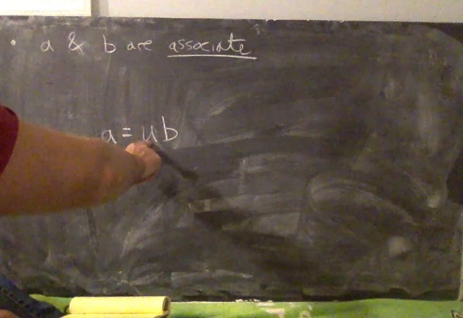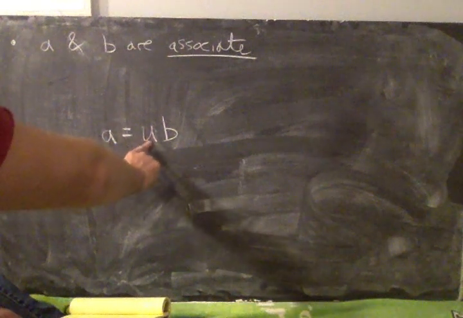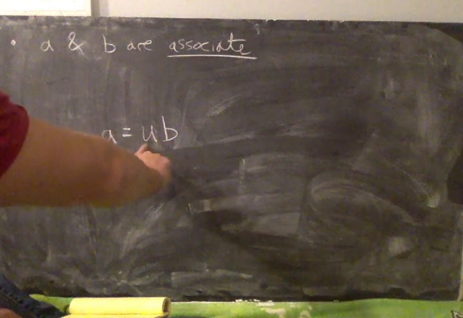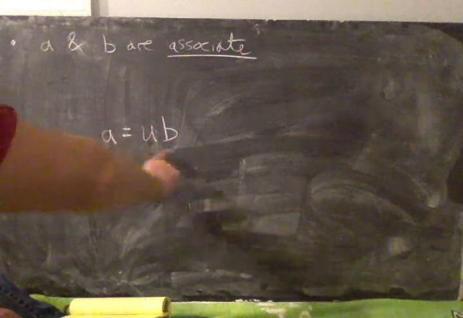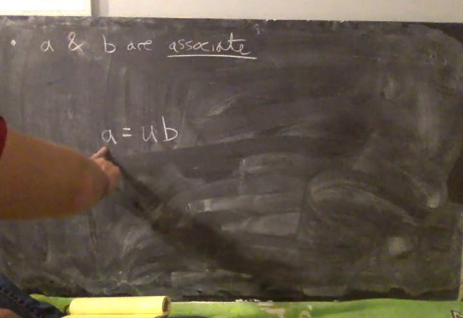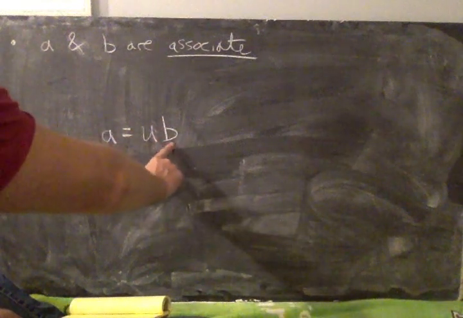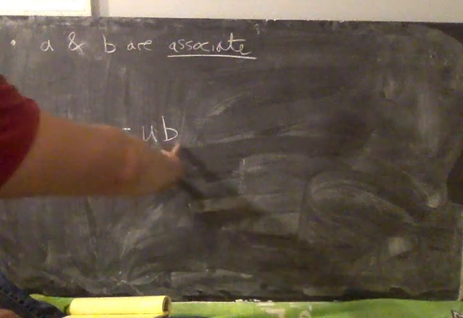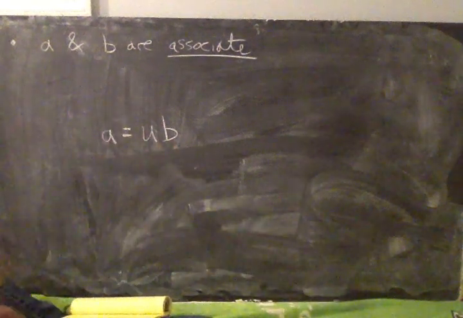So this u, since u divides everything, is a trivial divisor. But then if we have this divisor, we have this other thing that pairs with it to divide a. So if u is a trivial divisor, b is kind of a trivial divisor too. So this thing is what's called an associate. So you have the units which divide everything, and then the associates are the things that pair up together with the units.